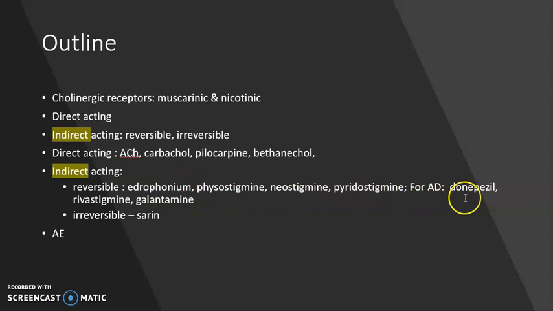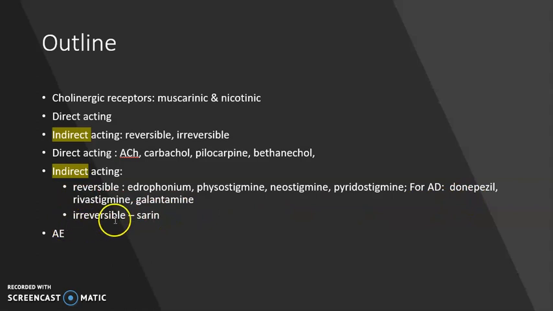And the other ones which are used to treat Alzheimer's disease are donepezil. Sometimes you try to remember by saying done-pezil, I'm done for this, okay, for Alzheimer's disease, rivastigmine, and also galantamine. Donepezil, rivastigmine, galantamine, they are all used for Alzheimer's disease.